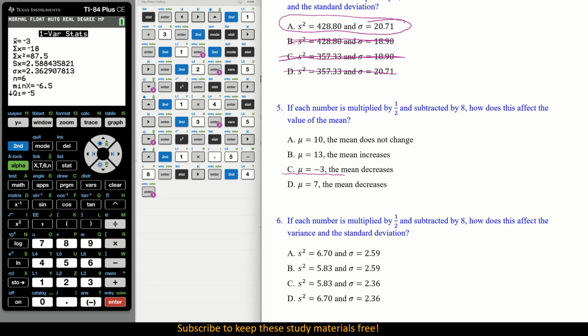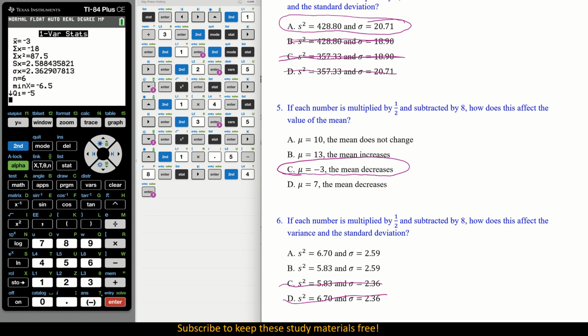So the only option is C. Then we look at our sample standard deviation, and that is 2.59 rounded. So that eliminates C and D. Okay, now we need to go between the two.